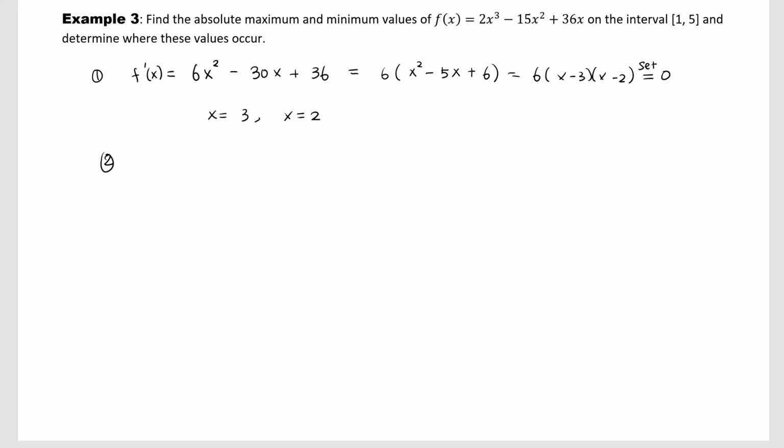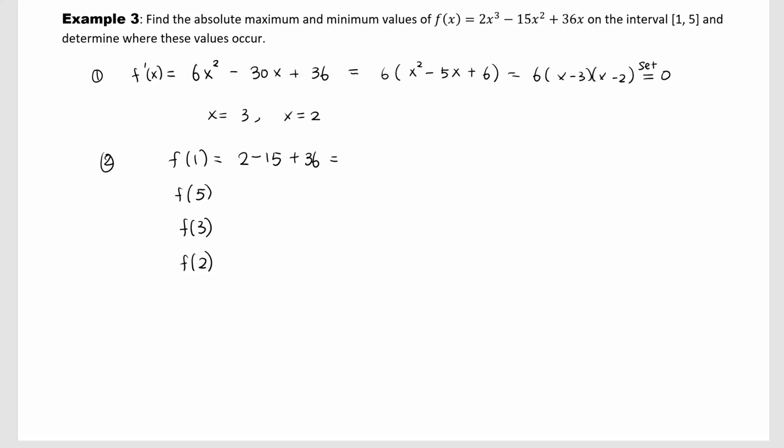So let's plug all of the endpoints and all of the critical points into f. So what's f of 1? We plug in our f. That is 2 times 1 cubed minus 15 times 1 squared plus 36 times 1. 2 minus 15 is negative 13.